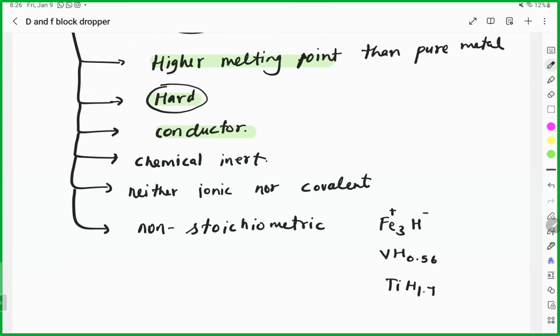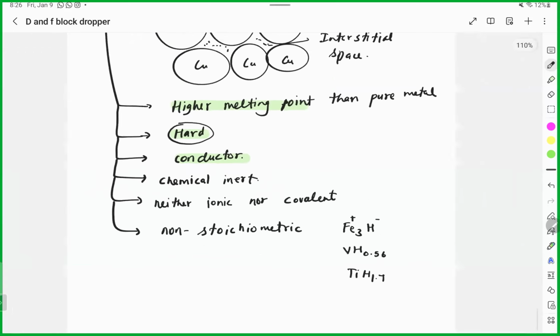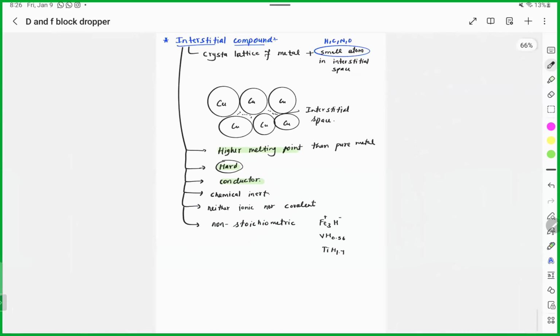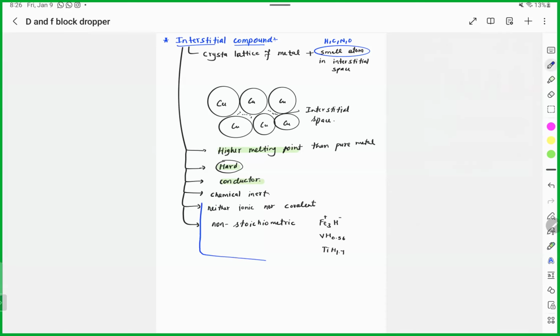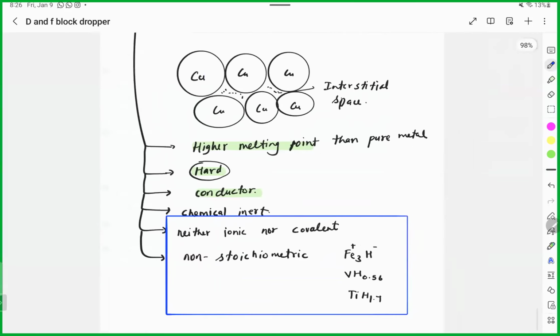Okay, so you will see these are the benefits of the interstitial compound, because they are a mixed material: very strong, very high melting point, good conductor, inert, and these are two chemical properties, you can say. Okay, so interstitial compound is done.